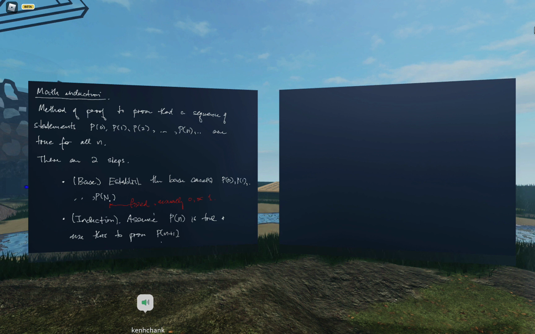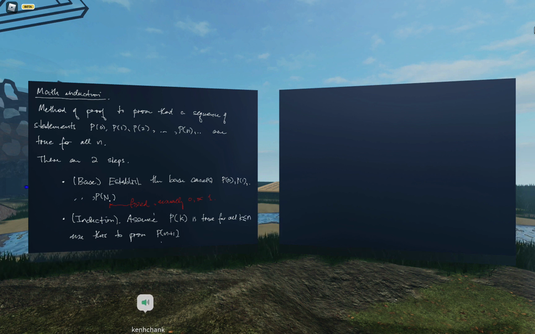Sometimes you actually will assume more than that, so maybe I should write a more general version of this, because my example actually uses a slightly more general version. I'm going to assume that Pk is true for all k less than or equal to n.